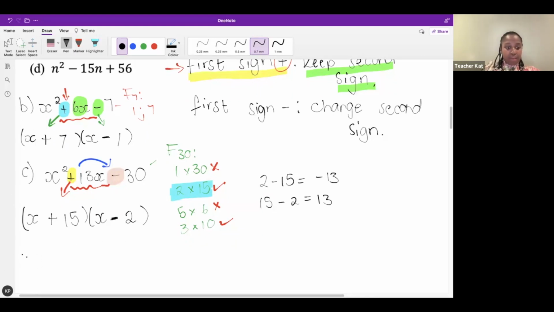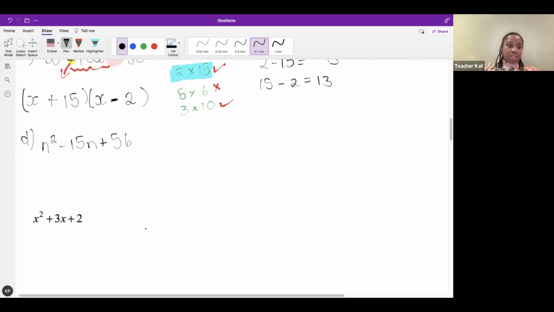D, we finally have a negative. Do you guys see that? I have n squared minus 15n plus 56. Great, now let's look at this. I'm going to move this down first. Let us look at this guy. Okay, 2 brackets. This time it's not an x, so be careful.